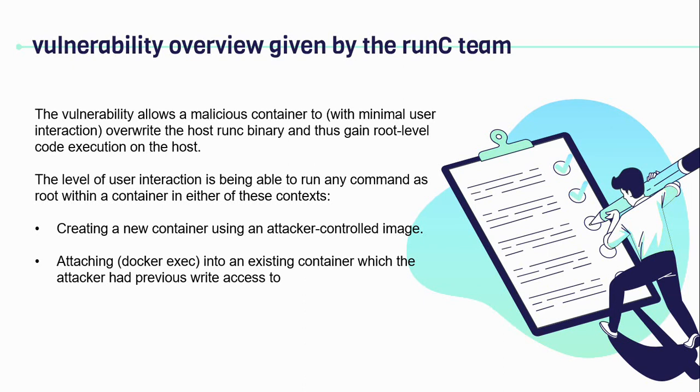Those two scenarios might seem different, but both require runC to spin up a new process in a container and are implemented similarly. In both cases, runC is tasked with running a user-defined binary in the container. In Docker, this binary is either the image's entry point when starting a new container or docker exec's argument when attaching to an existing container.